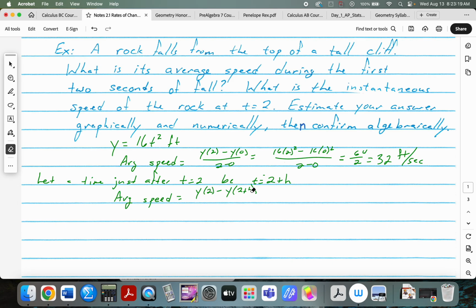Actually, no. Just like, as Tony said a minute ago, it's slope. Does it matter which point you use first? No. It's all going to work out. So let's do y at 2 plus h minus y at 2 over 2 plus h minus 2.